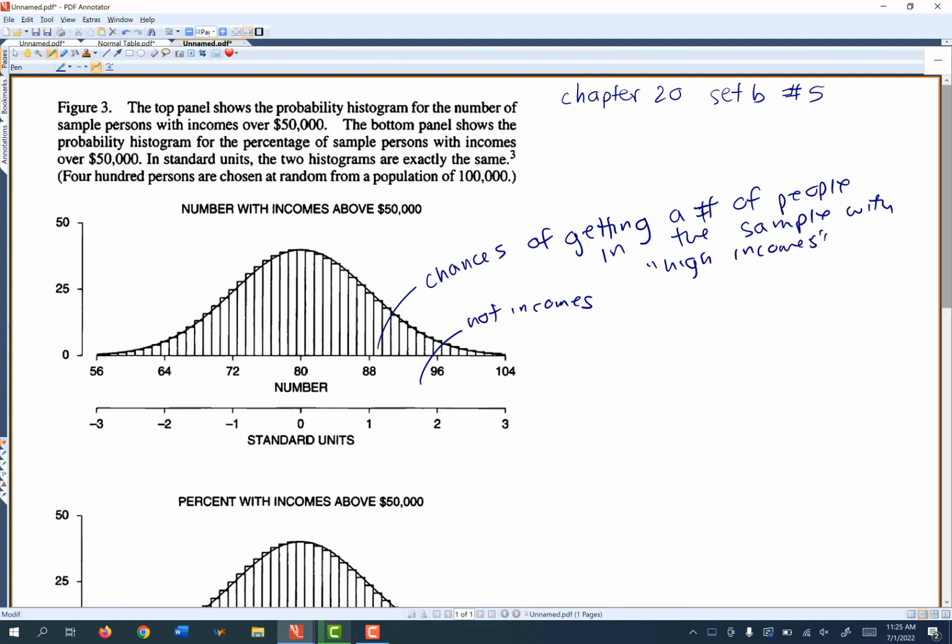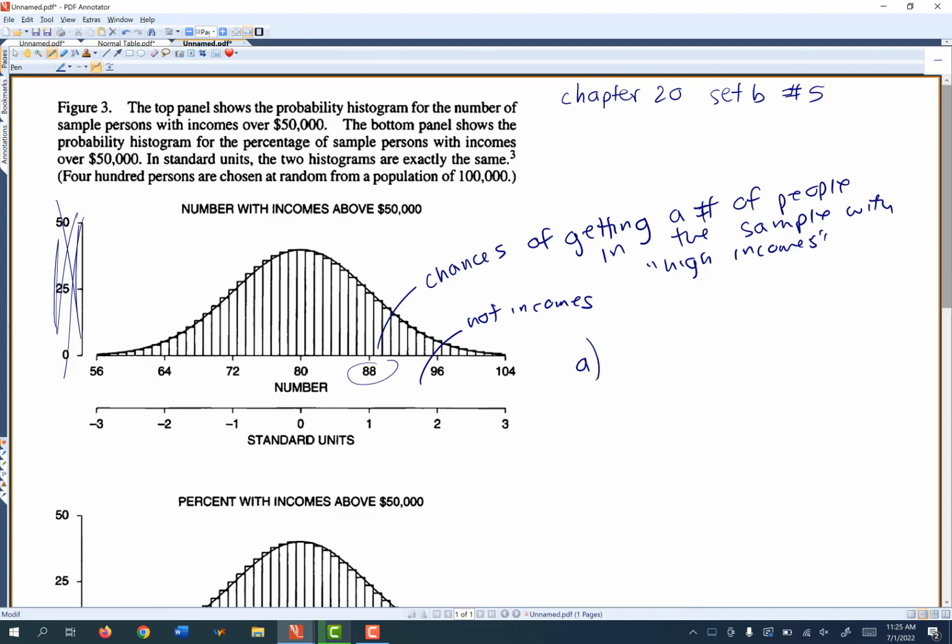So this one, and kind of ignore this scale, we haven't really taught you about what that scale is going to be, and you don't really need to know it. But it's just in general telling you what's the chance that if I take the sample, I'm going to get, say, 88 people in the sample with a high income.